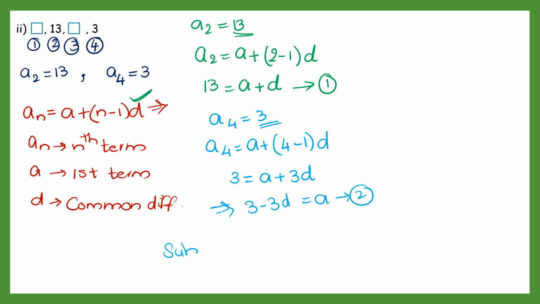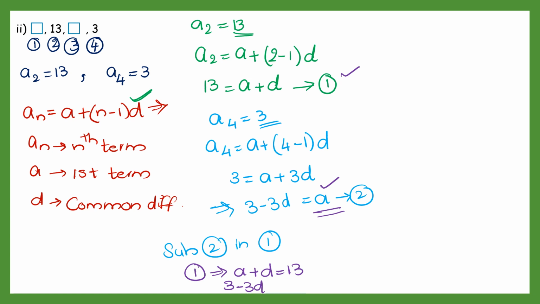Substitute 2 in 1. We know the value of A, so let's substitute the value of A in the first equation. What is the first equation? A plus D is equal to 13. So you get 3 minus 3D plus D is equal to 13.